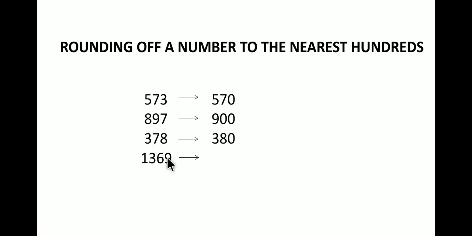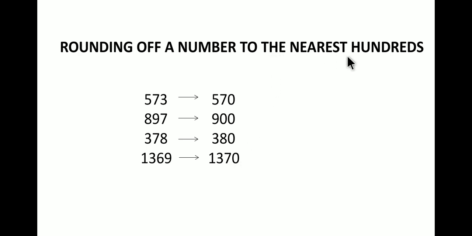And similarly 1369, 9 will contribute 1, and thus it becomes 1370. Or in other words, we can say 573 is closer to 570, 897 is closer to 900, 378 is closer to 380, and 1369 is closer to 1370. So this is how we round off a number to the nearest tens.